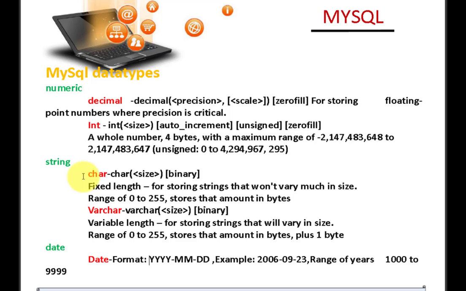First we create the structure, then we are able to store records in the database. So I think you all understood the data types in MySQL. These are all the data types of MySQL.